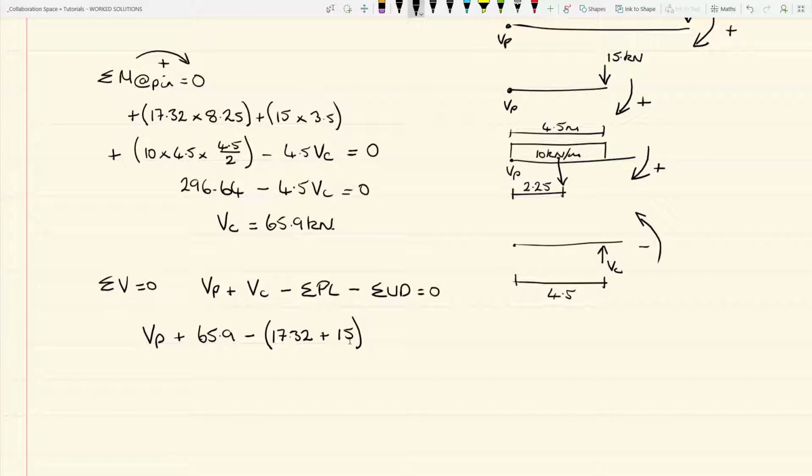They are negative because they are acting down. We also have the UD load, that is negative as well, so that's minus 10 times 4.5, and all of that again equals 0. And if we go on and simplify that, you should find that VP, the vertical reaction at the pin, equals 11.4 kilonewtons.